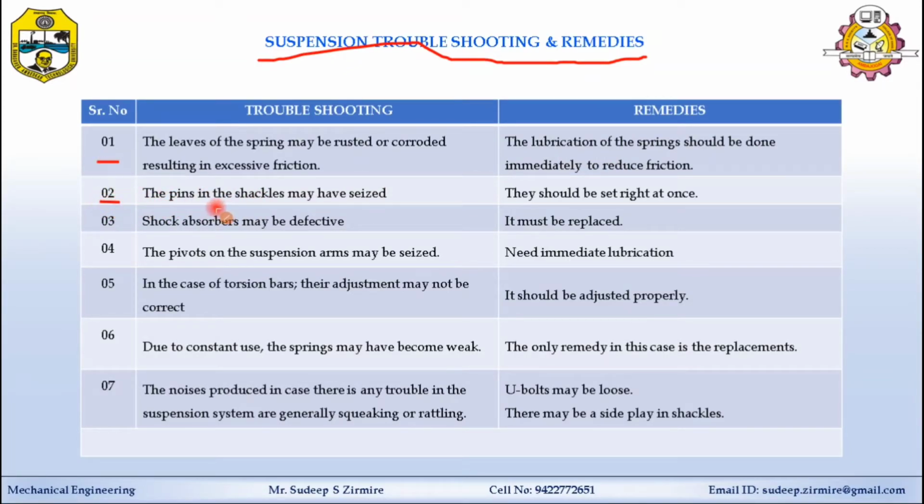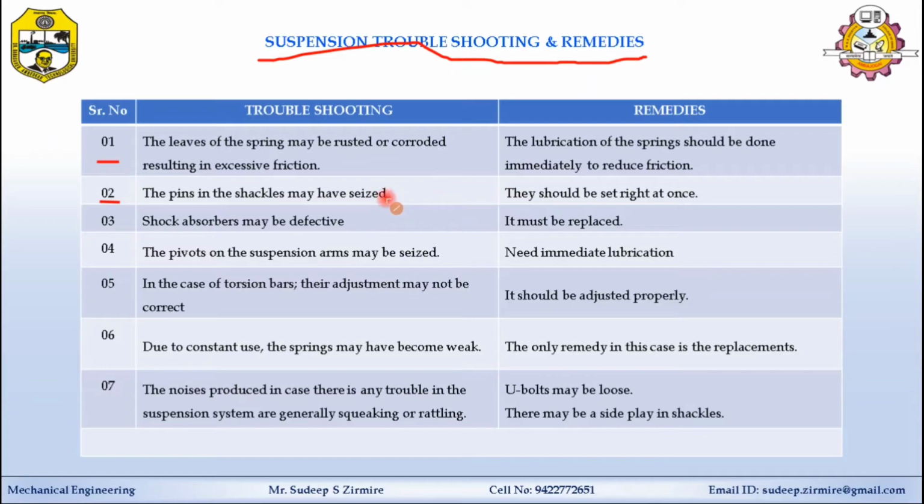The second point is that the pins in the shackle may have seized. Generally in the shackle of the spring two types are used, the bronze pin, and in small vehicles a rubber bush is also used.